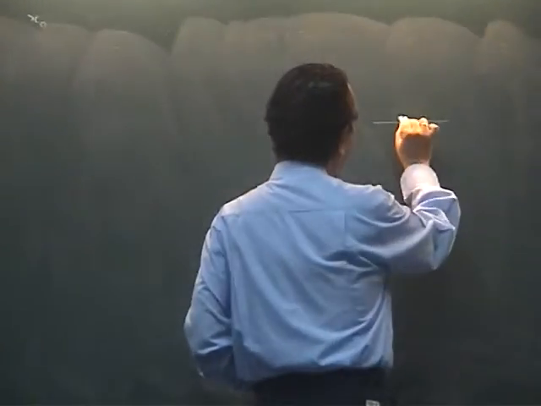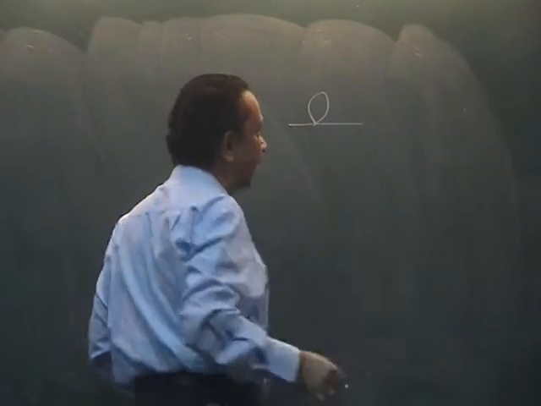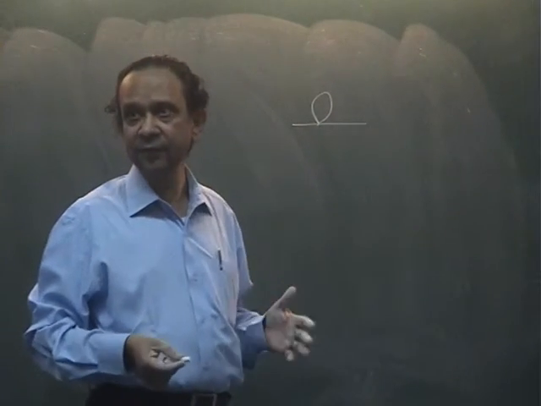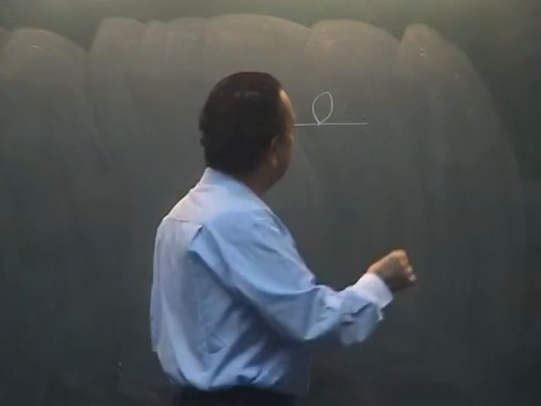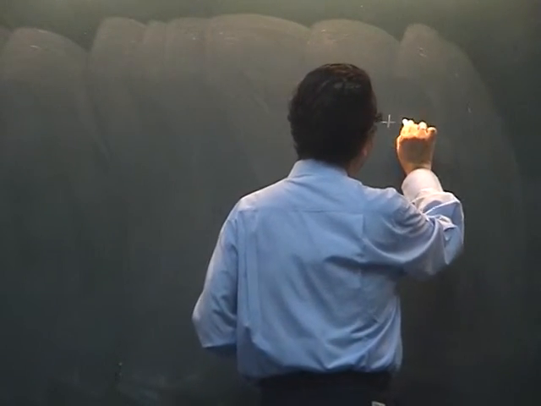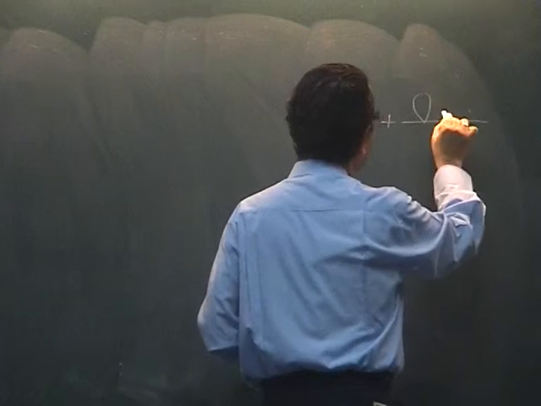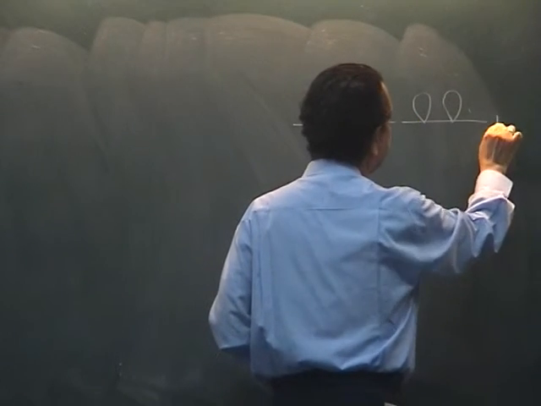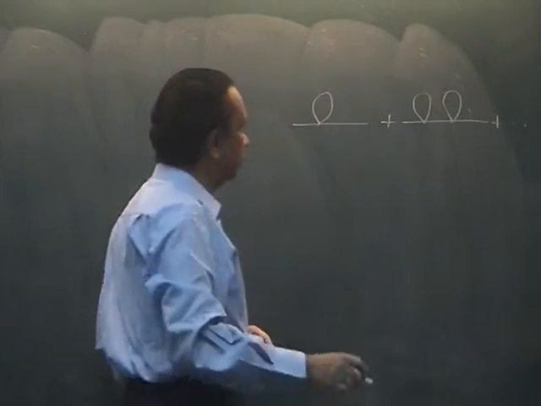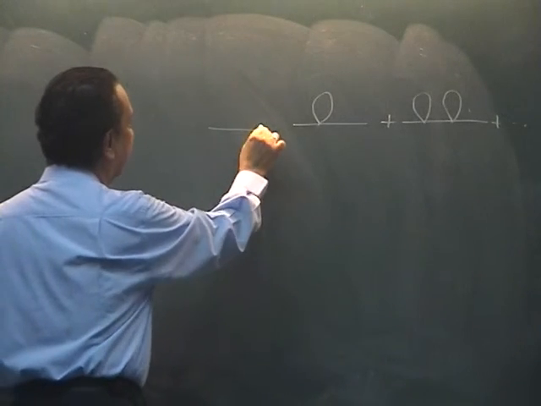So these are the diagrams of the following kind, called tadpole diagrams. Remember that, because that is the phrase which people will use. So then you take the propagator and add to it 2 tadpoles plus 3, etc.